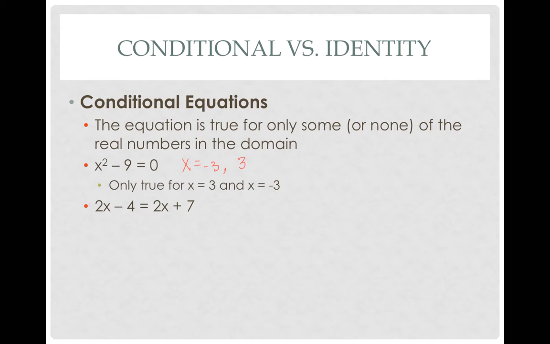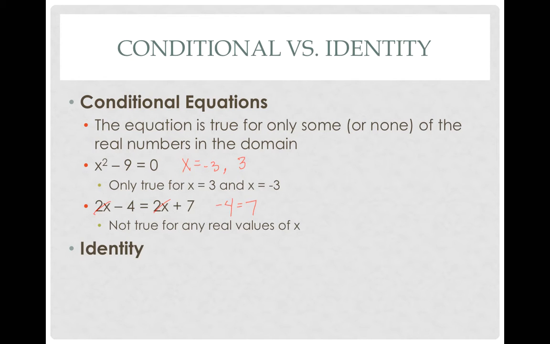Likewise, this one here is 2x minus 4 equals 2x plus 7. If I subtracted 2x from both sides, my 2x's would cancel, and I'd get negative 4 equals positive 7, and that's not true for any value. So this is not true for any real value of x, and therefore it is also a conditional equation.